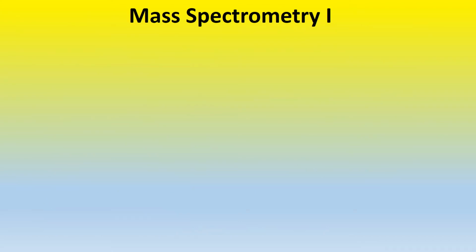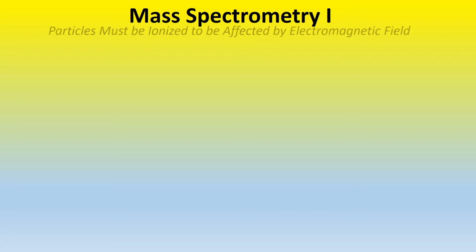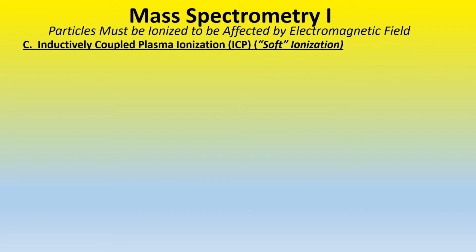Again, there are multiple ways to ionize a sample so that they can be affected by the electromagnetic field. A third way is called inductively coupled plasma ionization, or ICP, which is another form of soft ionization.